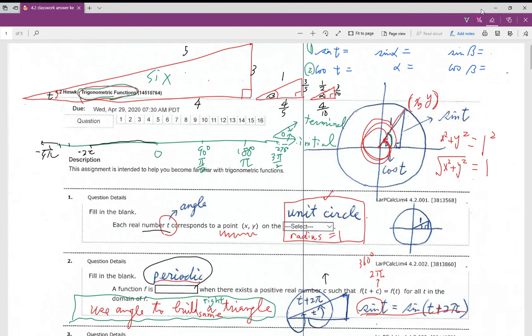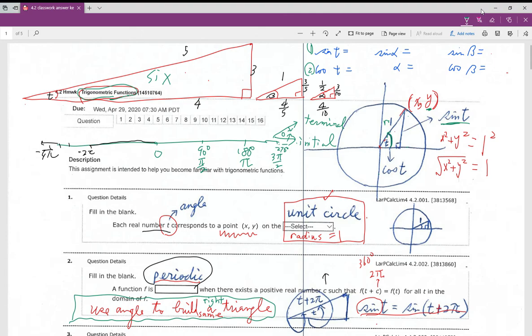So let me erase all the marks here first. Okay. So first, the trigonometric function I would like to talk about is the sine function. Now, what does the sine function mean? If you have a unit circle, when the radius equals 1, the y value equals the sine function when the angle is t.